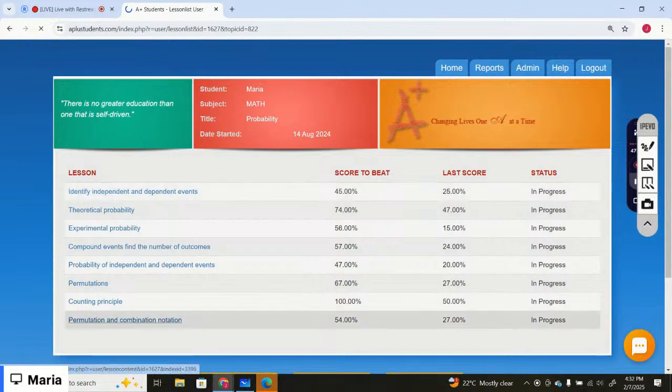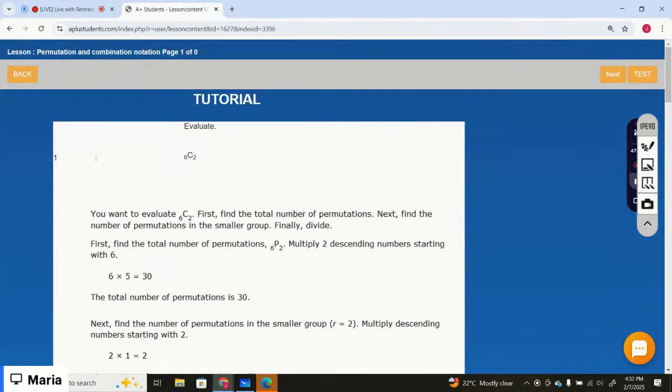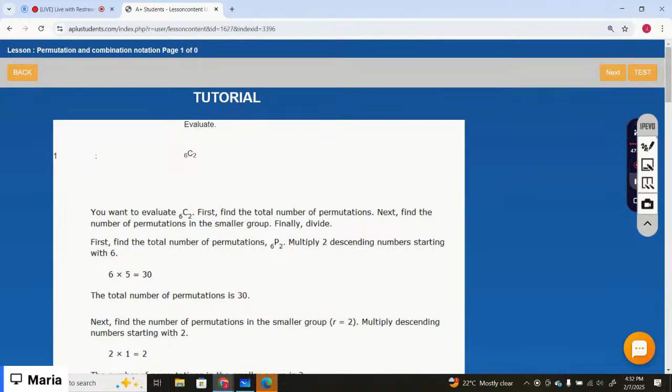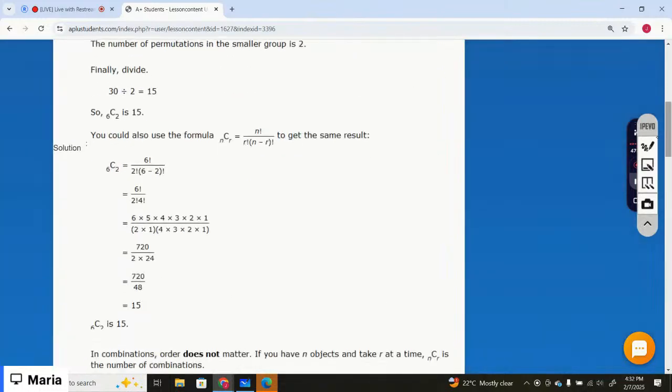Permutation and combination notation. 6C2, you have to evaluate the combinations. So how do we evaluate the combinations?